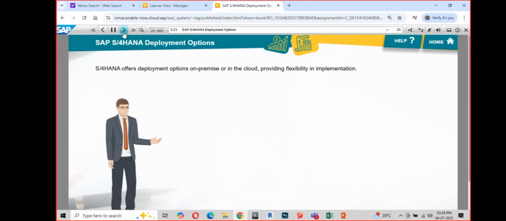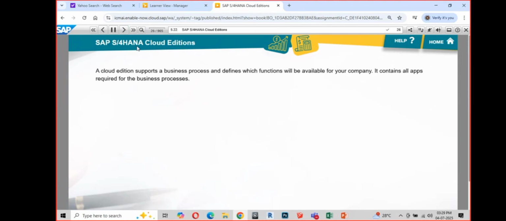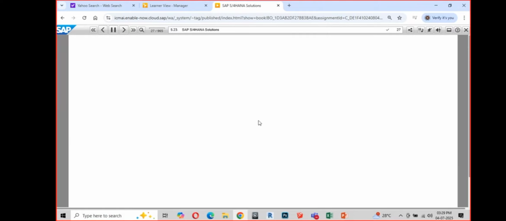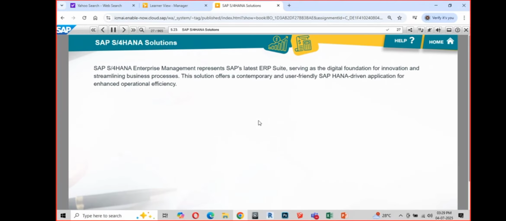I'm just looking for Fiori in this course content. So along with the slide, I'll be giving more information. I remember having seen a slide on Fiori.